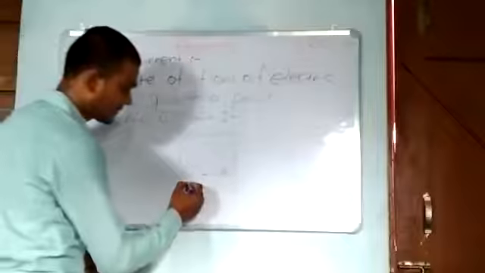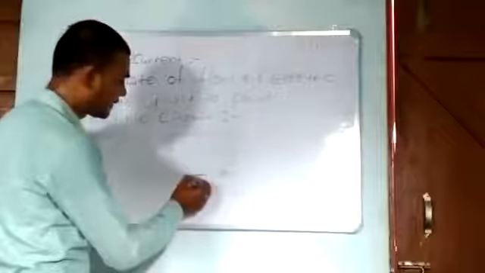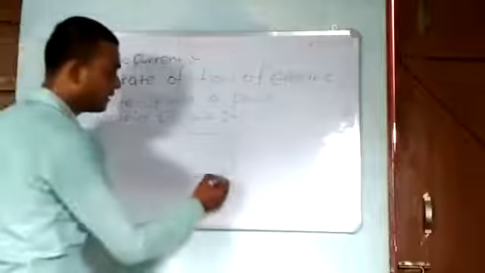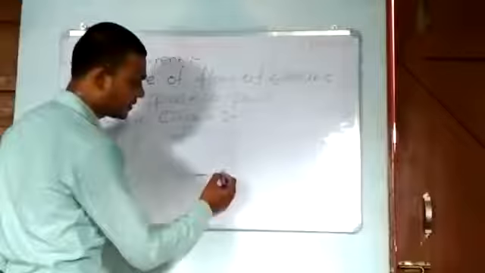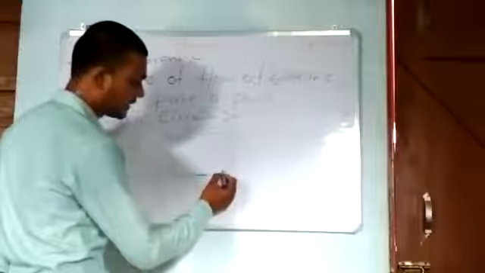This is the source of electric current, a battery or cell. Here is minus, here is plus. This is the instrument which measures the flow of current. We will discuss it later.